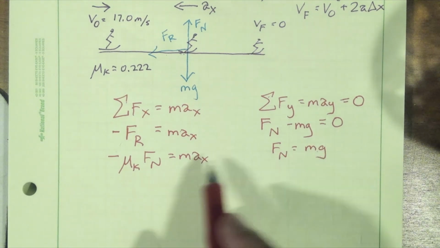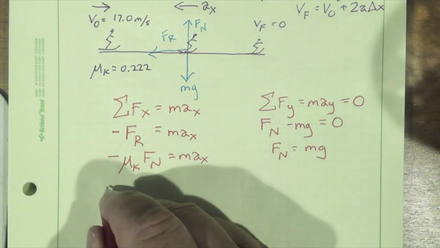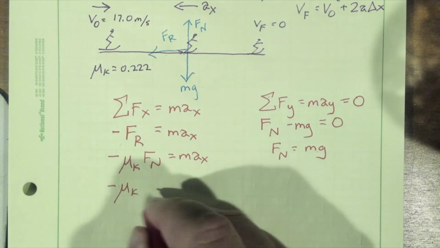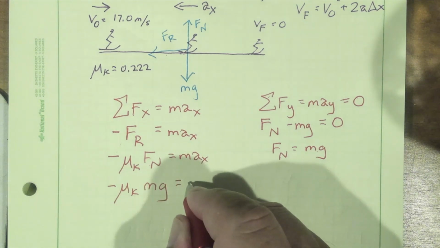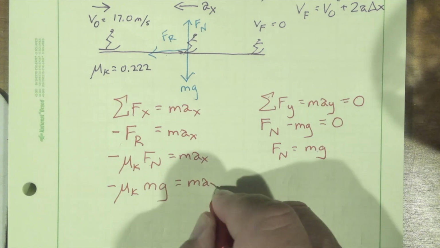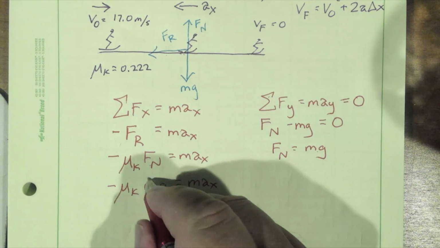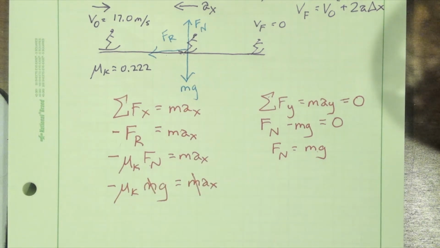And so we take this and plug it in here. And so our formula for the friction force becomes negative mu k mg. Note the masses cancel. Mass is not relevant to this problem.